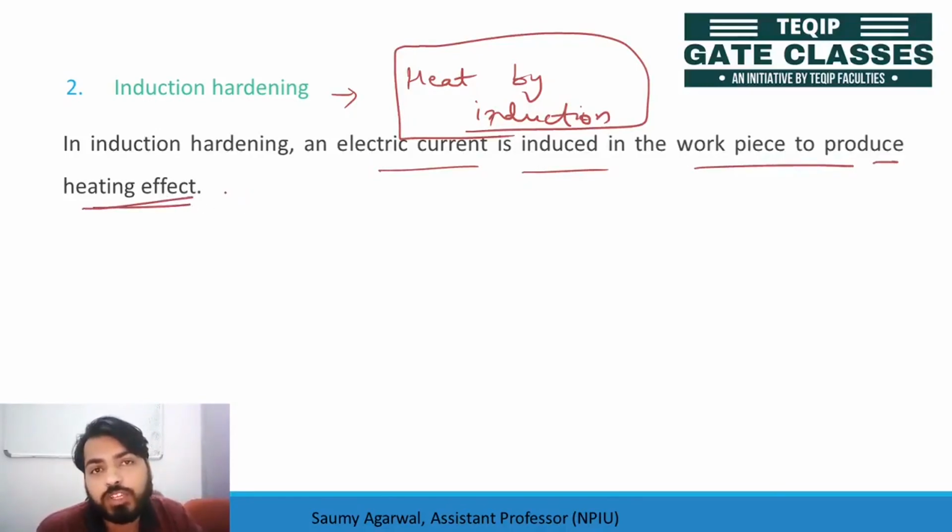Think of the induction cooktop in your kitchen, where you put induction cookers and induction pans as a replacement for the regular flame cylinder. A similar kind of thing will be done over here.